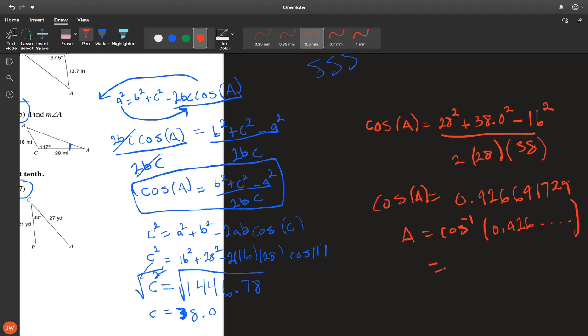So I'm just going to plug in cos inverse. So you have to hit shift or second function cosine, and you get angle A to be 22.1 degrees. That is angle A. Alright.